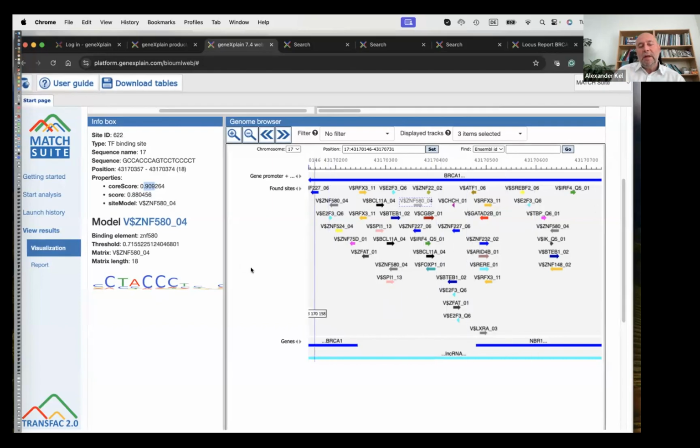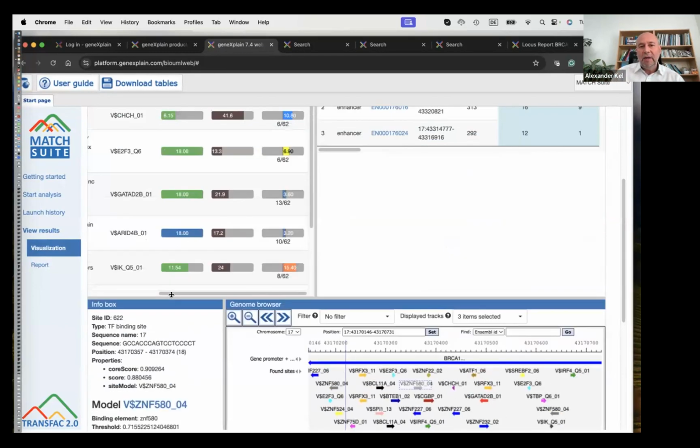So there are other things here which I can detail maybe in other talks. We had coffee breaks dedicated to the Match suite especially, and you see also there are many parameters which you can vary here to understand your gene regulation.